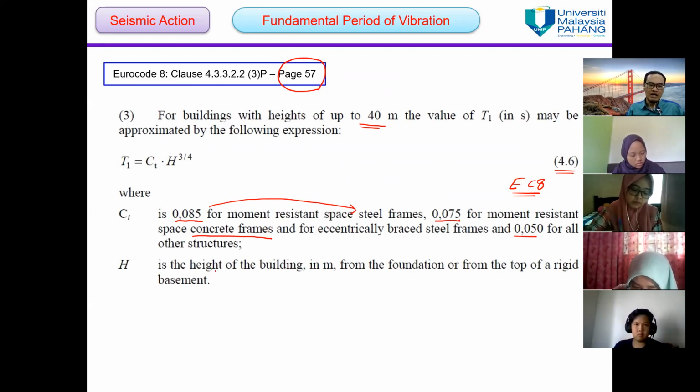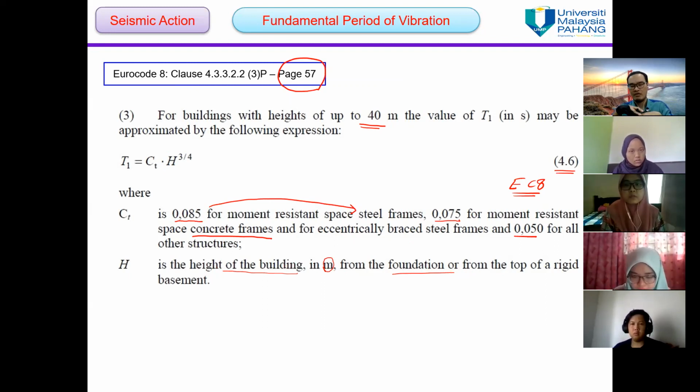And h is the height of the building in meters, from the foundation or from the top of a rigid basement. This means h is the total height from a rigid foundation up to the top of the building.